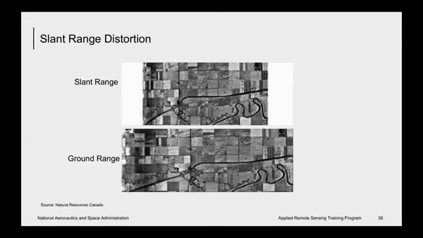For most applications, it is desirable to have the radar image presented in a format which corrects for this distortion to enable true distance measurements between features. This requires the slant range image to be converted to a ground range image. This can be done by the radar processor prior to creating an image, or after data acquisition by applying a transformation to the slant range image.